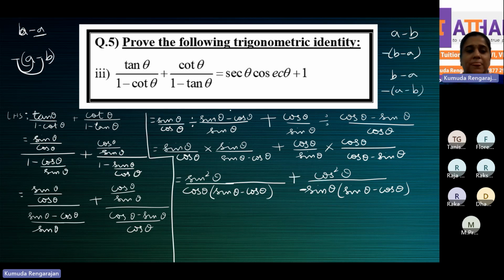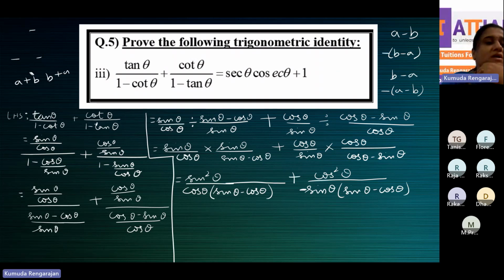But if you have a plus b, you can simply write it as b plus a. For that you don't have to take a minus outside. A plus b is b plus a. A minus b is not b minus a; a minus b is minus of (b minus a).